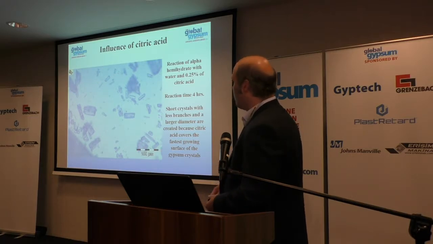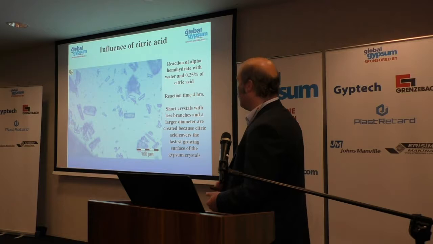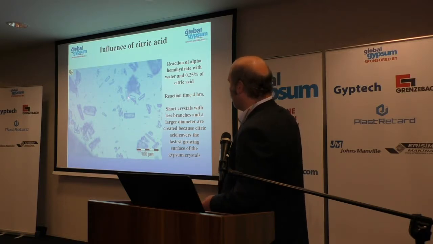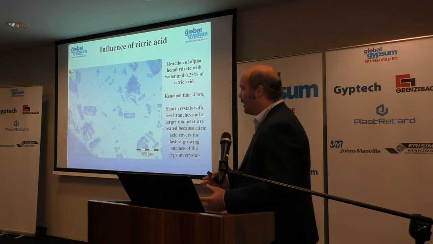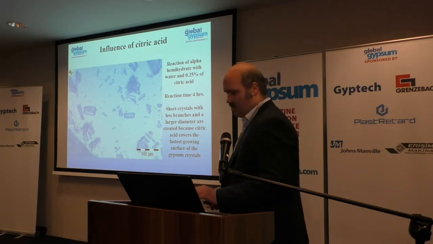I checked that with micro-Raman spectroscopy and AFM. Citric acid in lower concentrations could only be found on the C-axis, on this point of the gypsum crystal. So it stops the fastest growing surface from growing. And so we got a wider crystal with fewer branches.